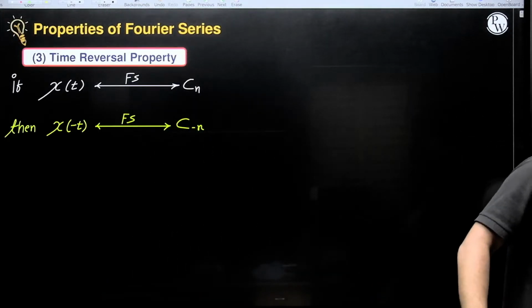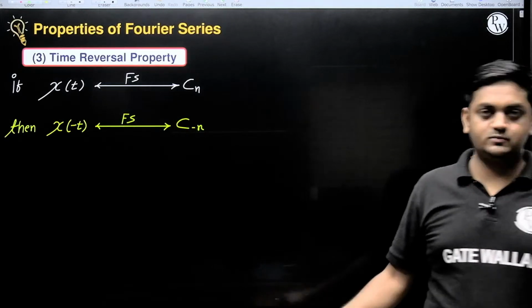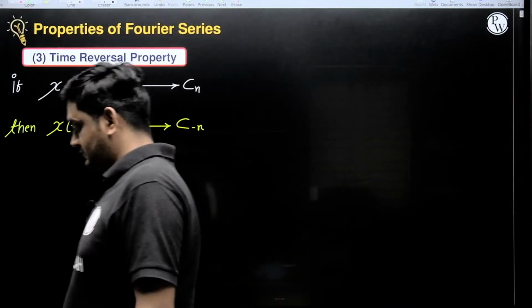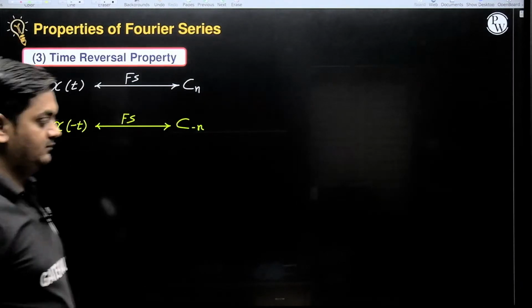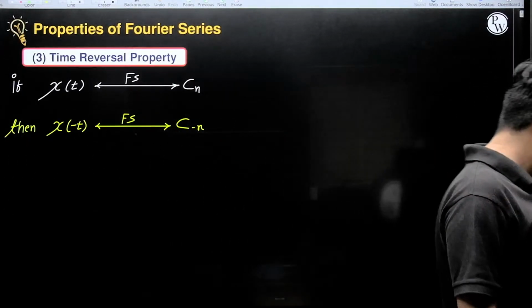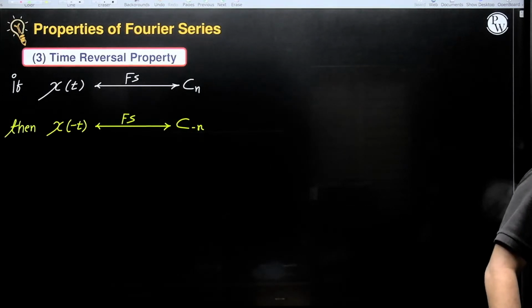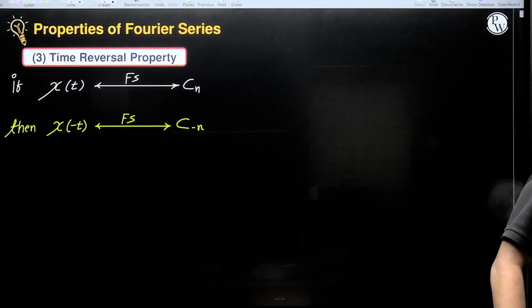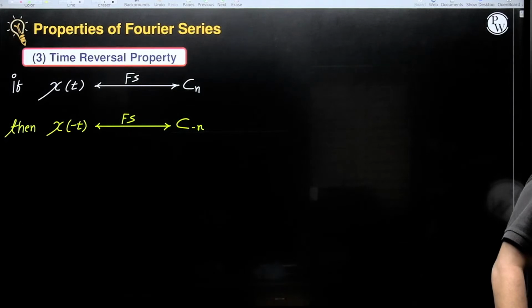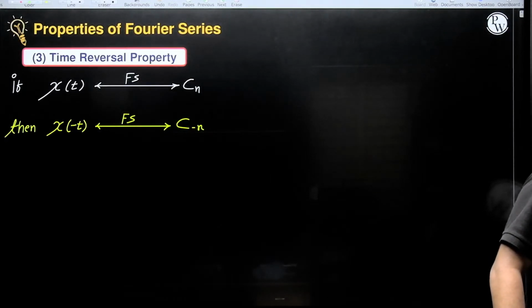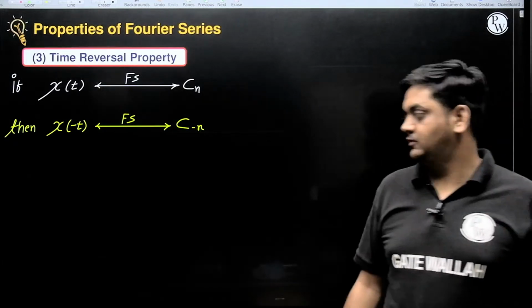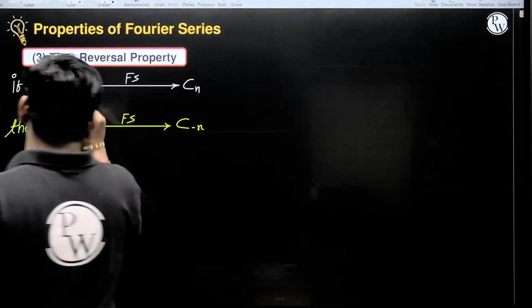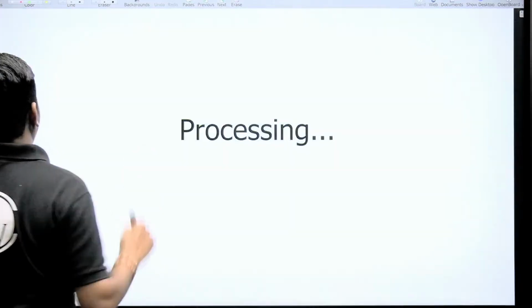Tell me, Sinchan Reddy, if you want, then I can prove this property also. Okay, yes, you can do it, very good. Similarly, t becomes minus t, n becomes minus n.